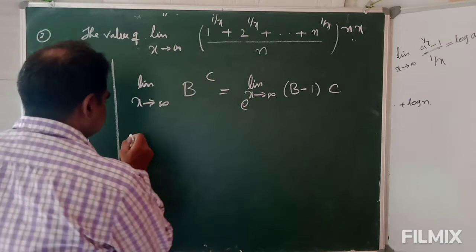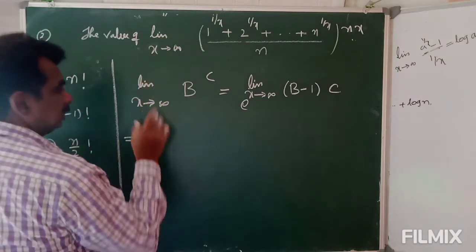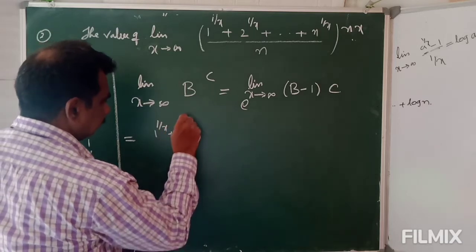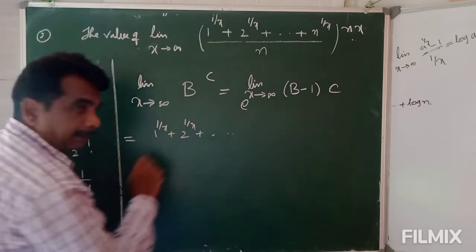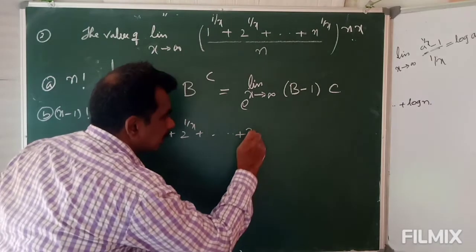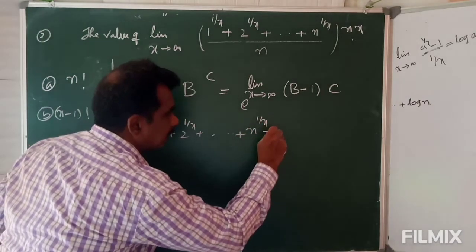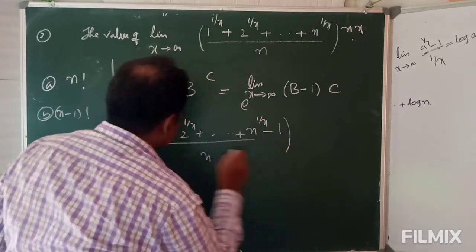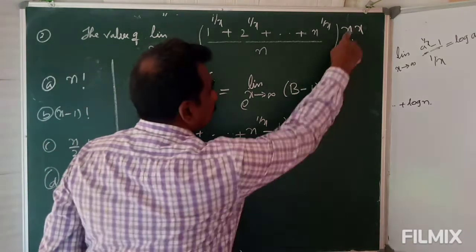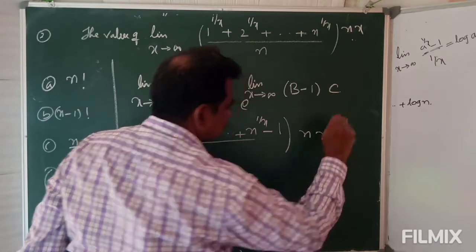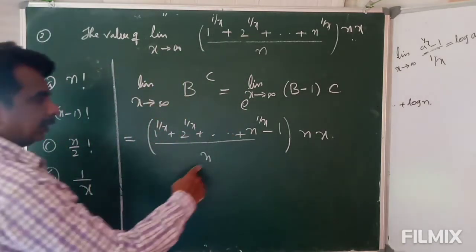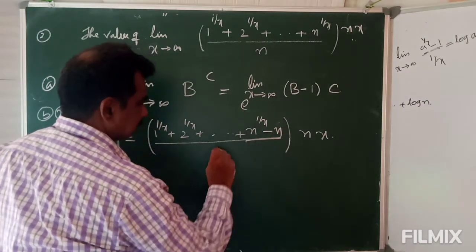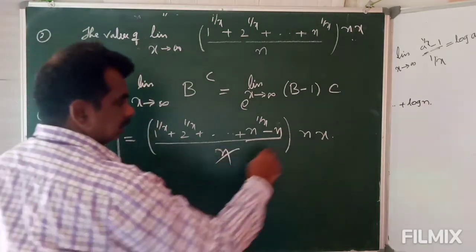Now this is equal to, I won't write the limit, (1 power 1 by x plus 2 power 1 by x up to so on, plus n power 1 by x, minus 1), this is divided by n, into nx. This is multiplied with n. What happens? This n cancels.